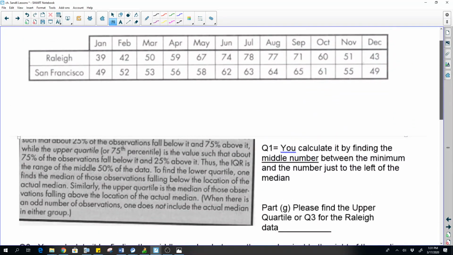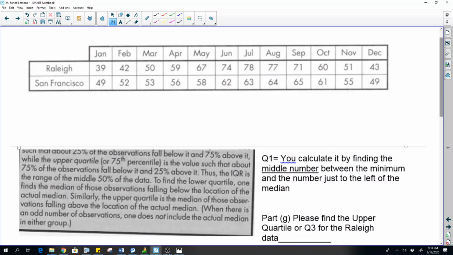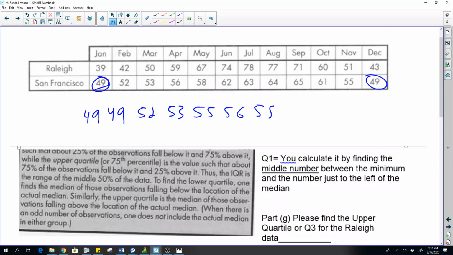So how they did San Francisco is they took these numbers here. They put them in order from least to greatest, right? So 49, 49. Underline or circle it when you've used it. Next is 52, 53, 55, 56, 58.